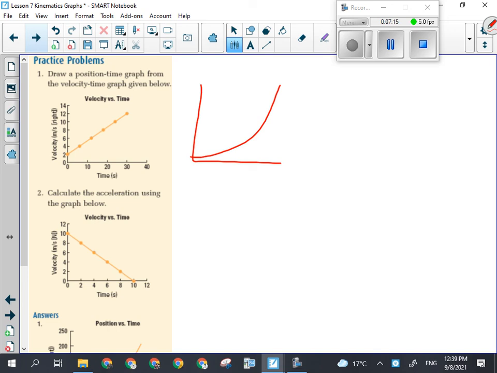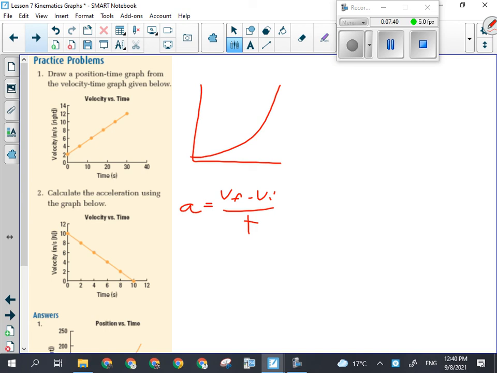And then for this one here, it says calculate the acceleration using the graph below. In Science 10, we learned this formula, a equals vf minus vi over t. Would I be able to get those three pieces of information from this graph? Yep, it's a velocity versus time graph. What's my final velocity? 0.